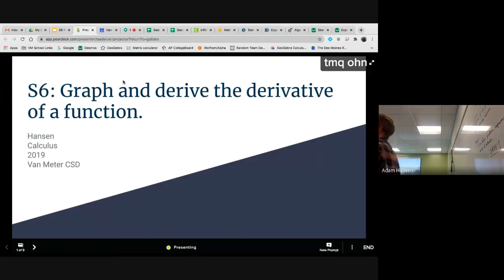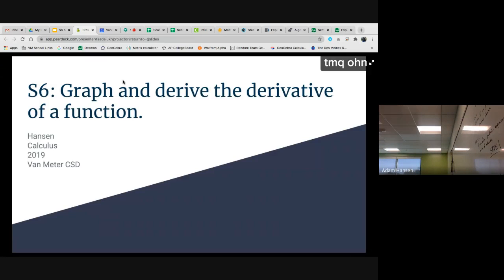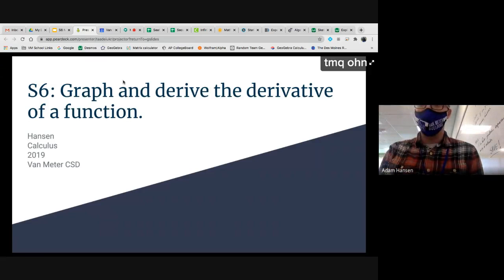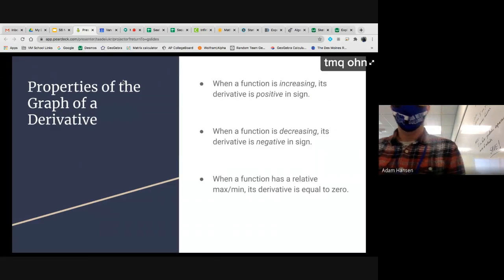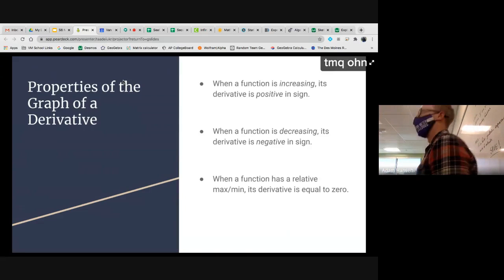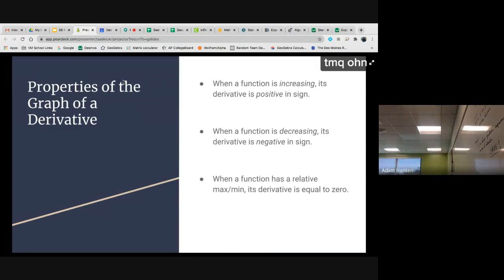I have a couple of pieces of information when it comes to the properties of the derivative and its graph for statement 6. A lot of things we just talked about, and hopefully you investigated on your own from that Desmos activity from yesterday. When a function is increasing, the derivative must be positive.